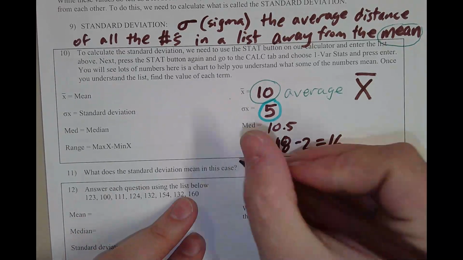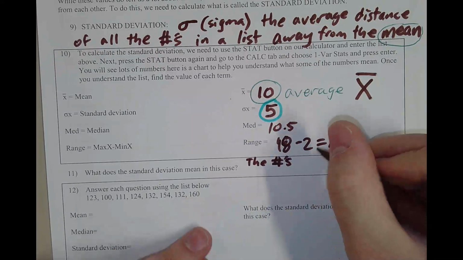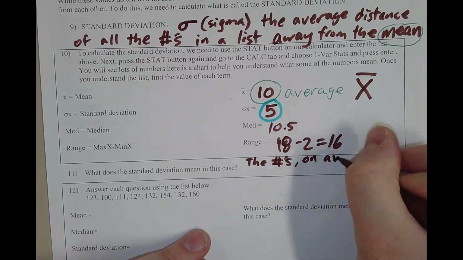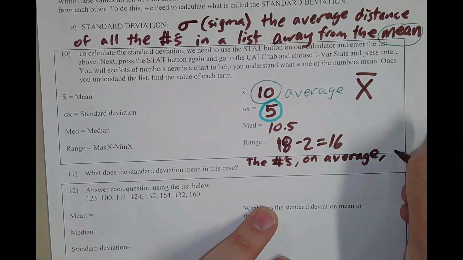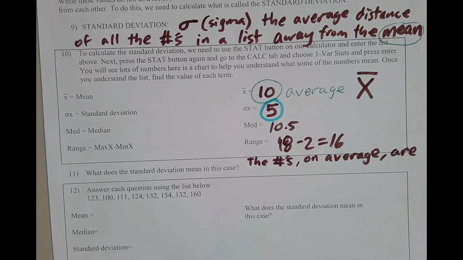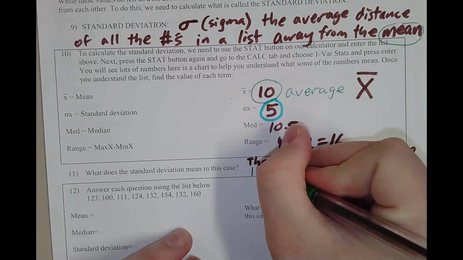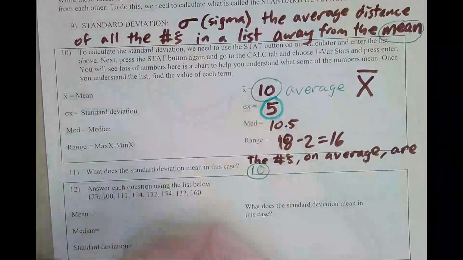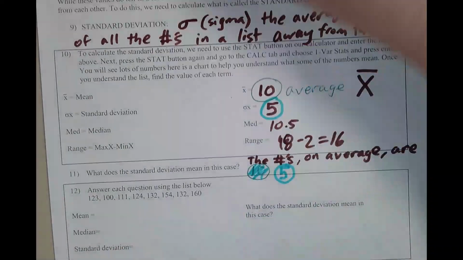That the numbers on average are... Oh, I messed this up. The numbers on average are 5. My apologies.